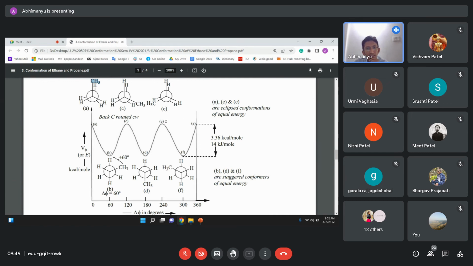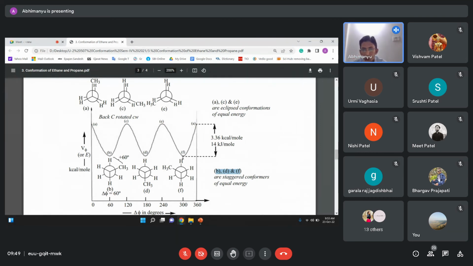Again in the structure of propane, same as ethane, you will get C and E as the three eclipse structures, and B, D and F are the staggered structures. And in the staggered structure, the torsional strain energy is the least, as torsional means repulsion energy.